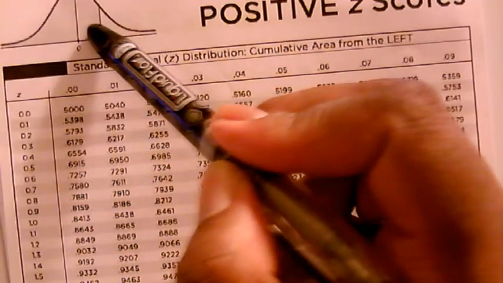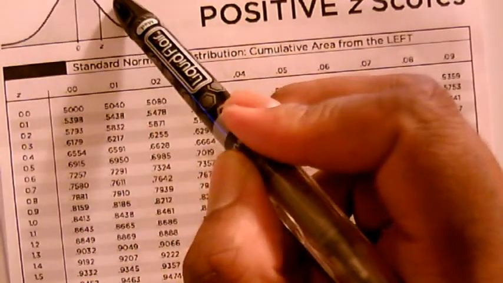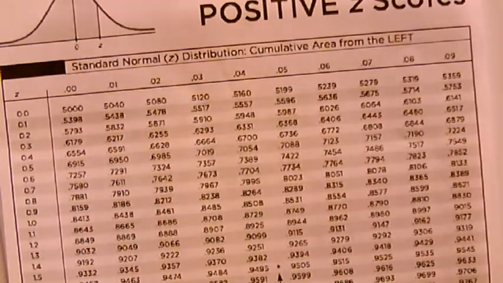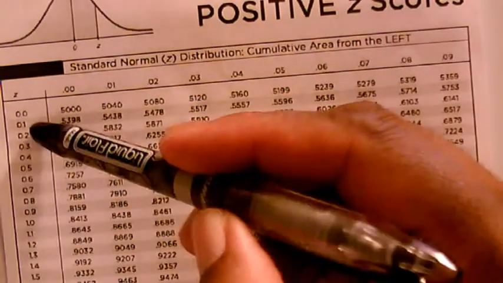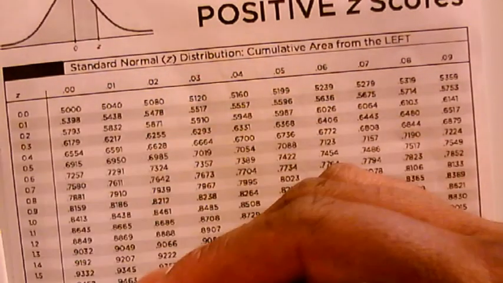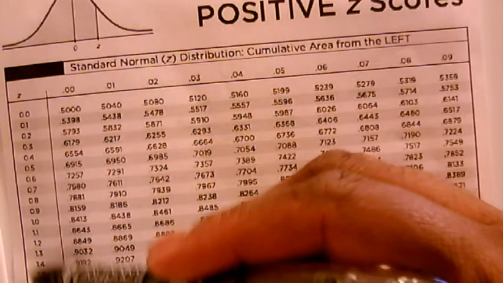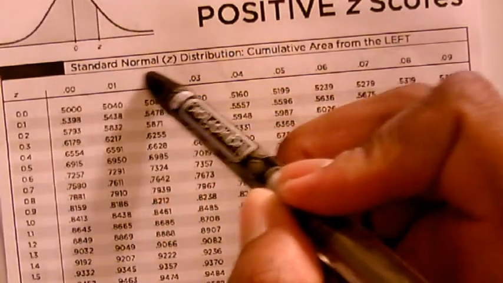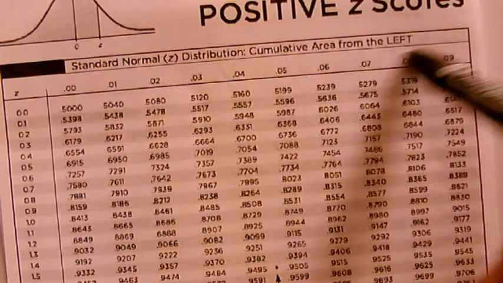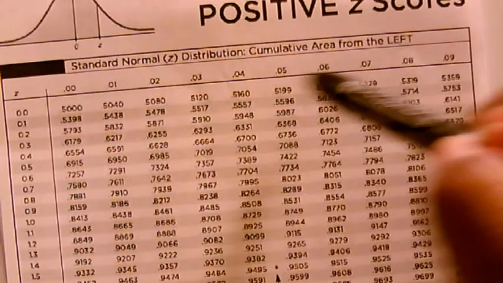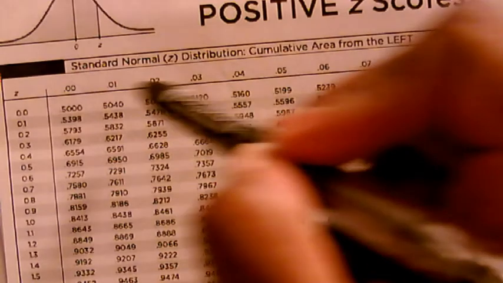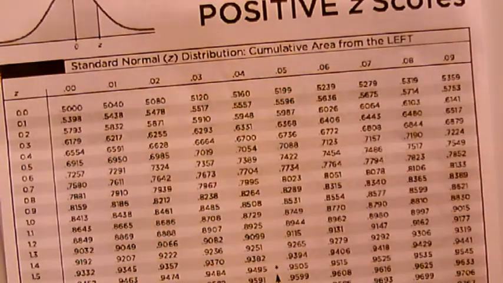That shaded area to the left is your cumulative area from the left. Also, your z values are on the left-hand side, up to the tenths place. The other digit, the hundredths place, is represented by the numbers across the top row.